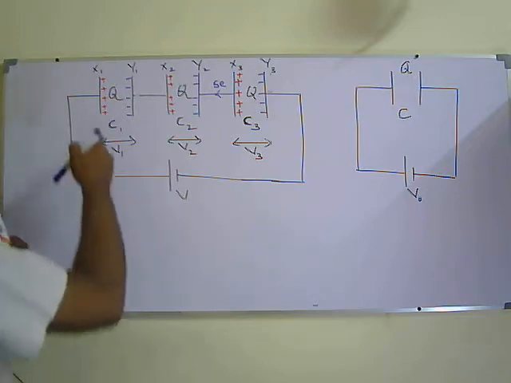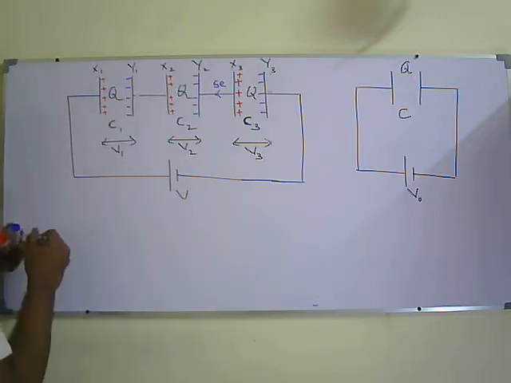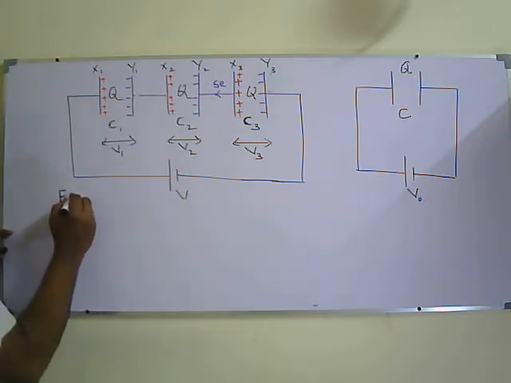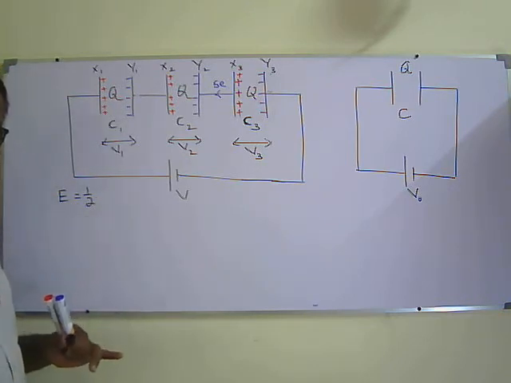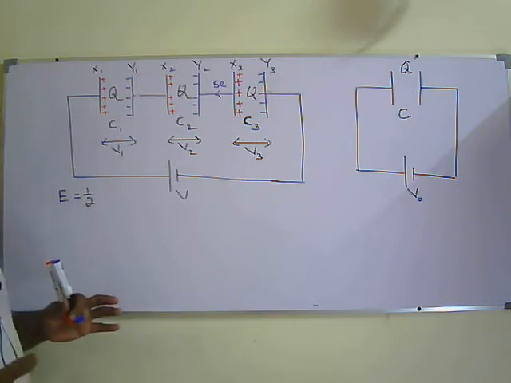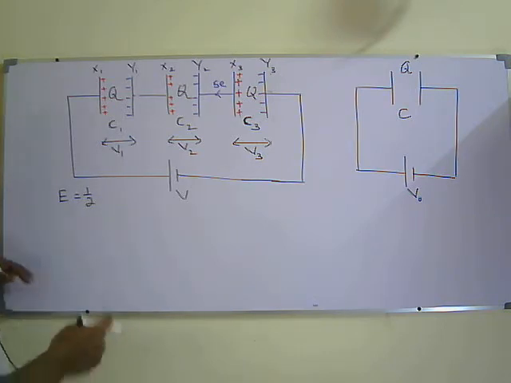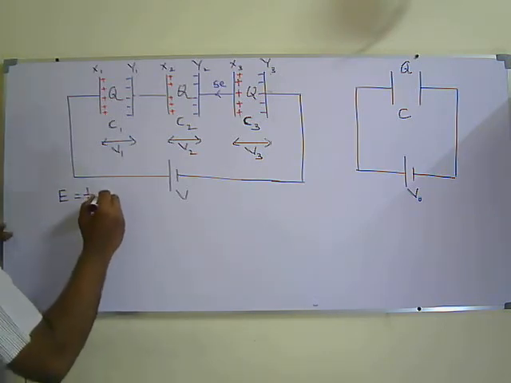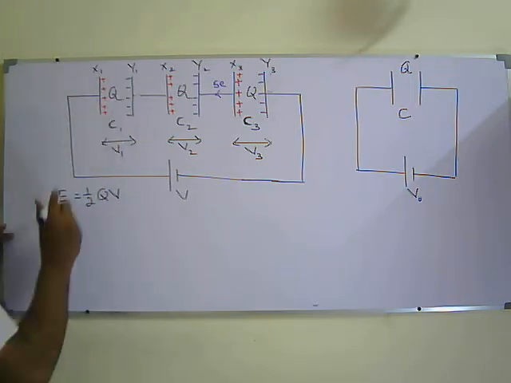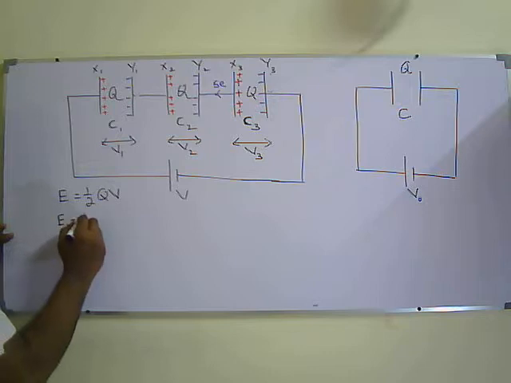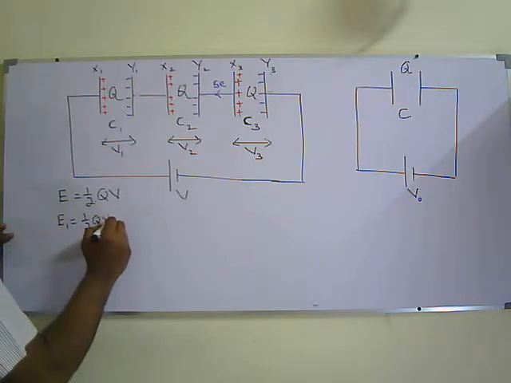So I can say the energy of this capacitor, energy equals half QV, or Q squared over 2C, anything I can, right? So I'll say half QV, the general equation. So E1, the energy of this one, is equal to half QV1.